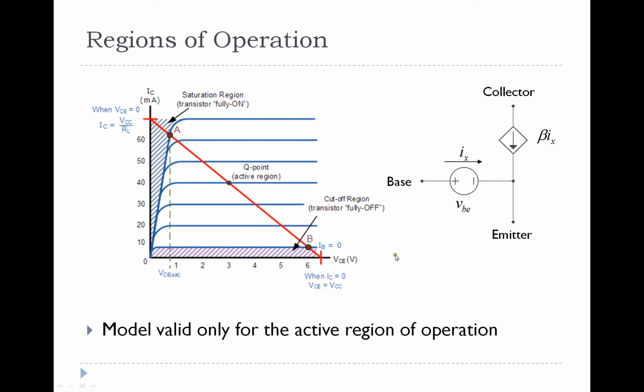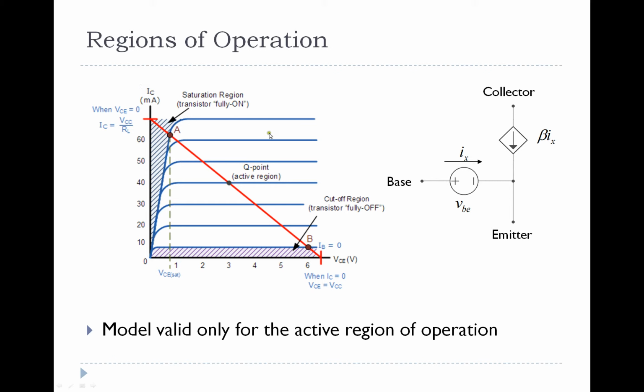And we can see that here with our plot. The model is only valid for what we're calling the active region. The voltage between the collector and the emitter is plotted on the x-axis right here, and the current through the collector is plotted on the y-axis.